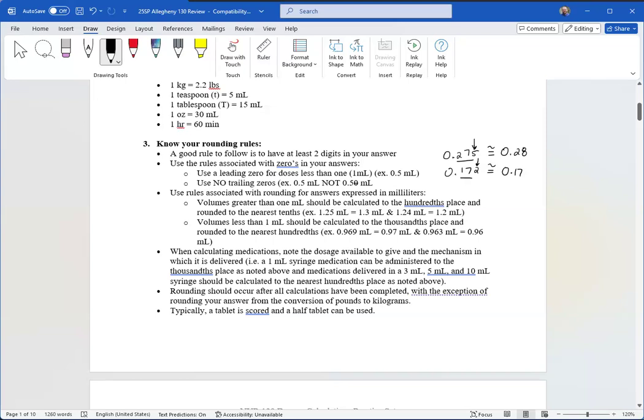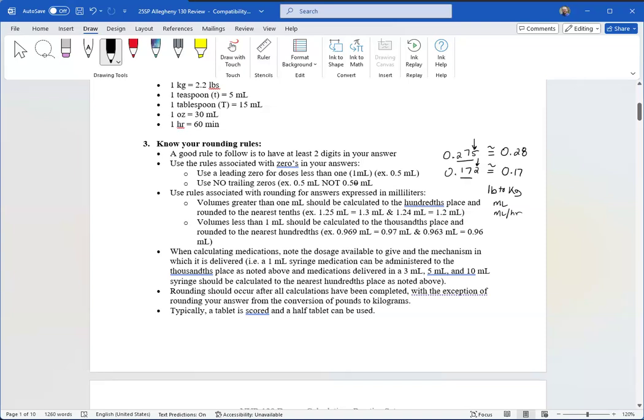This applies typically when we're going from pounds to kilograms. If we're calculating a medication, so medication in milliliters, this also applies for milliliters per hour.